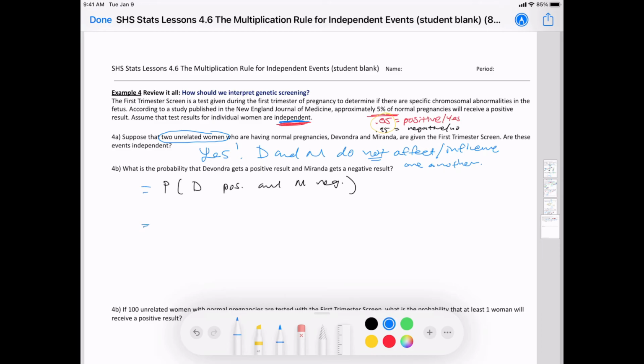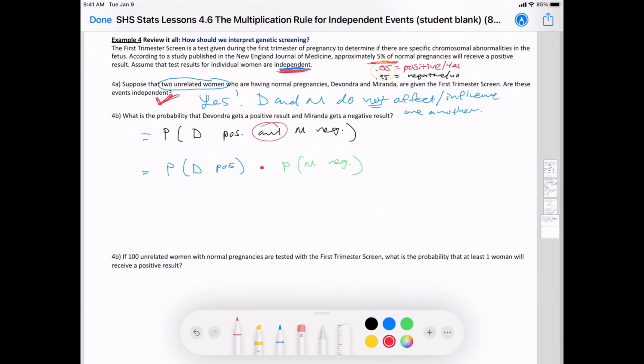So that would just be the probability of Devondra getting positive, and then we're saying because the events are independent, we've already stated that, then we can just use multiplication, and then probability that Miranda is a negative.